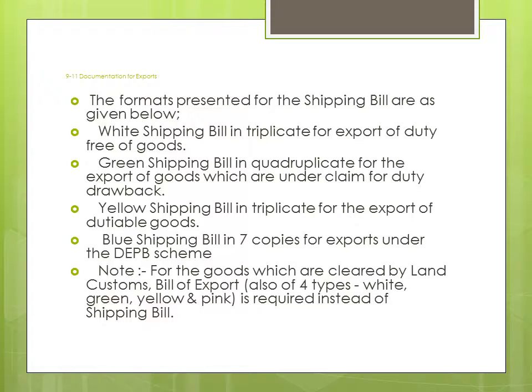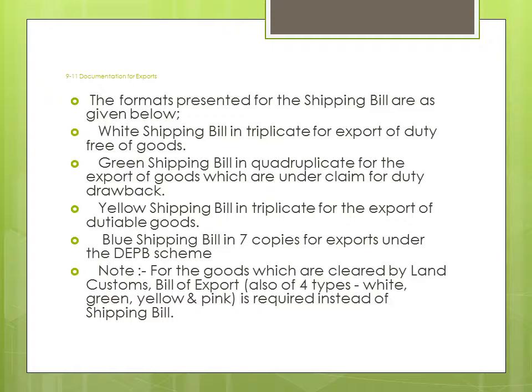White shipping bill in triplicate for export of duty free goods. Green shipping bill in quadruplicate for the export of goods which are under claim of duty drawback. Yellow shipping bill in triplicate for the export of dutiable goods.